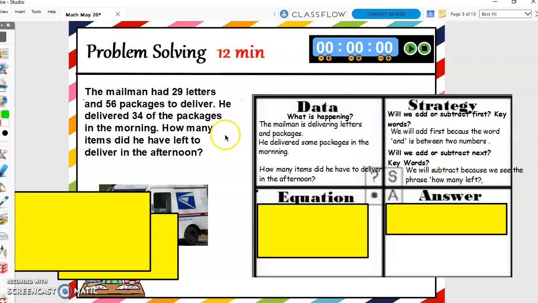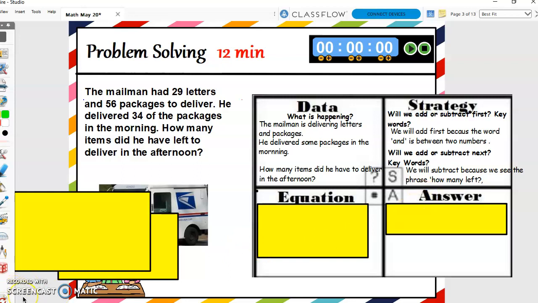And then it says, how many items did he have left? And when we see those words, how many items did he have left? What did he have left? That tells us that we're going to subtract. So I put we will subtract because we see the phrase how many left.